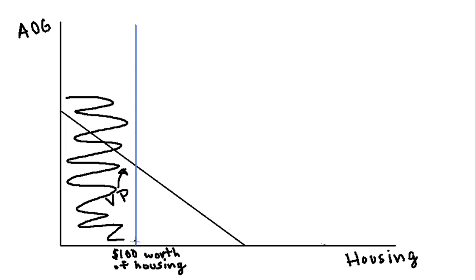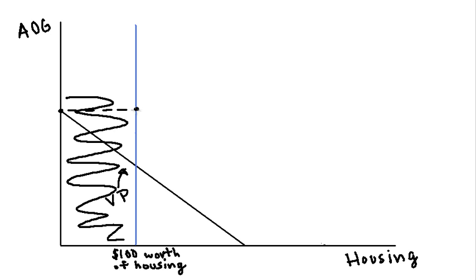So suppose we spend just $100 on housing. How much would we spend on all other goods? We would spend exactly the amount that we did before when we spend nothing on housing. And the reason for that is we still have that same amount of money left over to spend as we wish to distribute on either all other goods or housing.